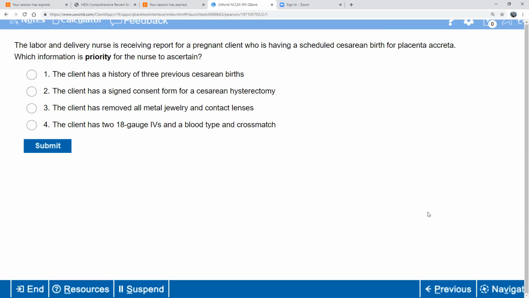So which information is a priority? Okay, number 1. Well, you were onto something with number 4. So why did you change it back to 1?